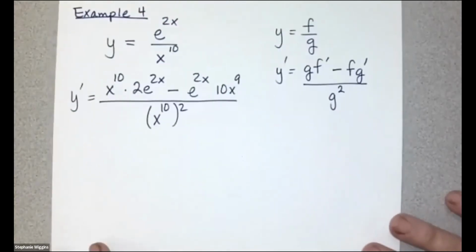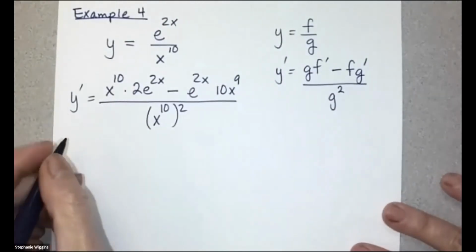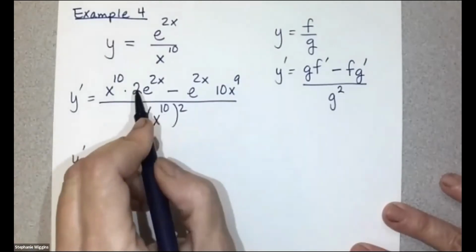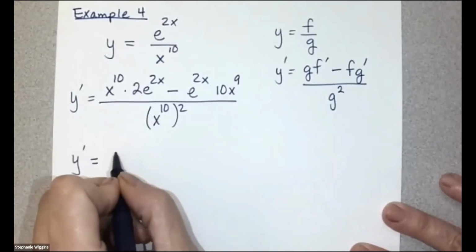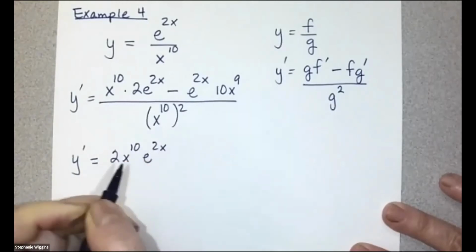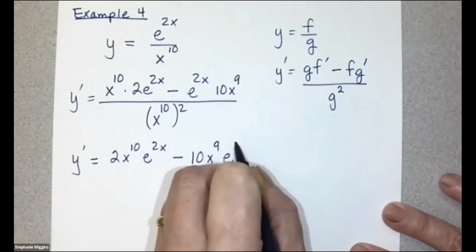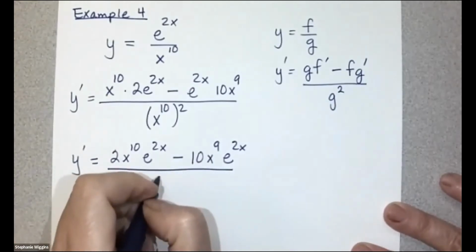All righty, now I'm going to simplify, and we have 2x to the 10 e to the 2x minus 10x to the 9th e to the 2x.